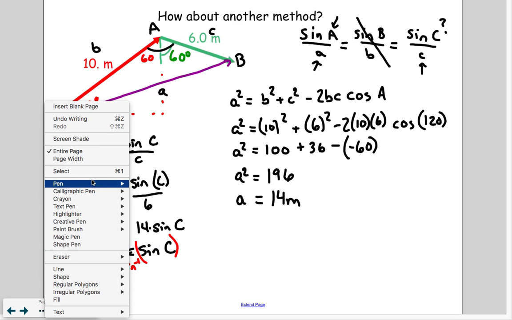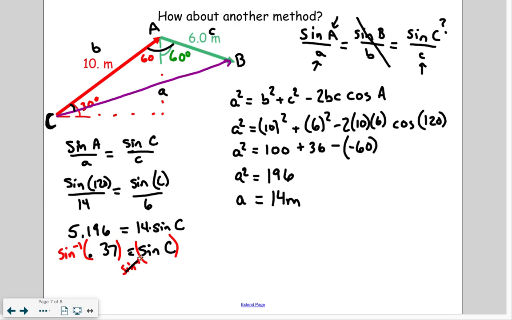And so what happens then is my inverse sine and my sine cancel over here, and I'm going to be left with C equals the inverse sine of our previous answer, which should come out to about 21.8 degrees. So this letter C is this angle right in here that I mentioned before, okay?